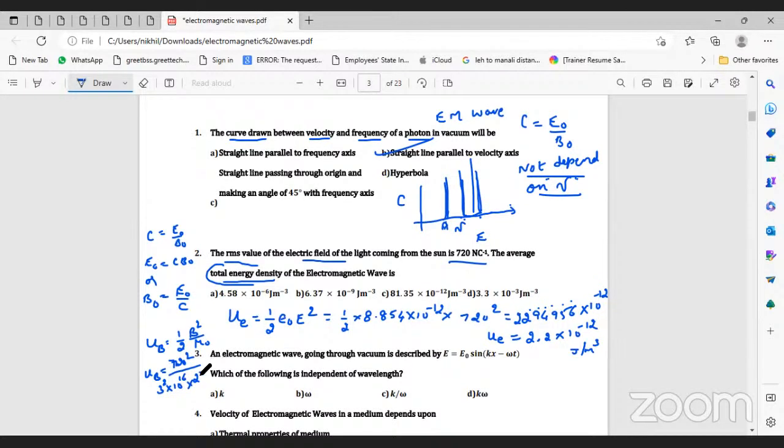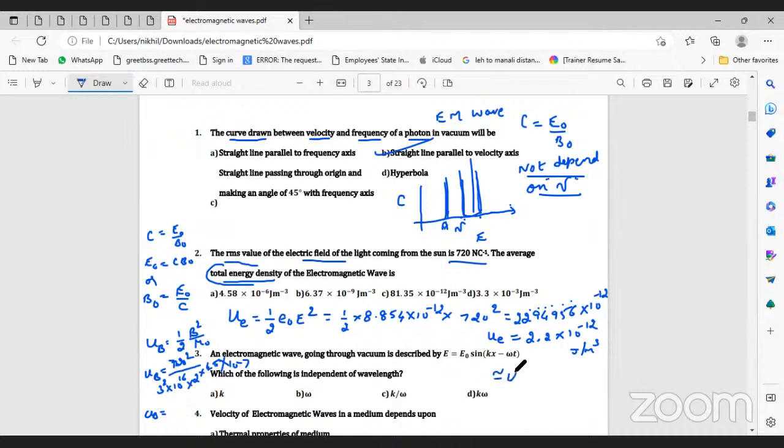You know that mu naught by 4 pi is 10 power minus 7, so mu naught value is 4 pi into 10 power minus 7. So this energy, if you calculate, is approximately 2.3.